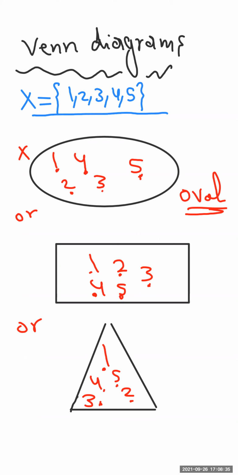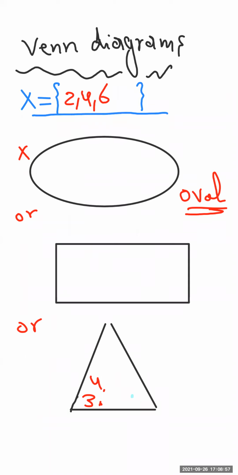So simply, Venn diagrams are these diagrams in front of us. We can use any one of them to represent the set. So if there is another set like these numbers, 2, 4, 6, in this case, clear all that.